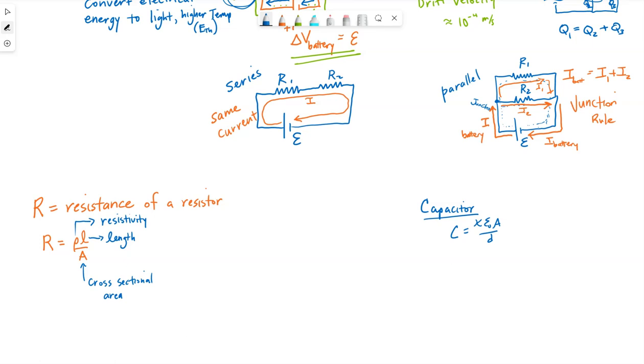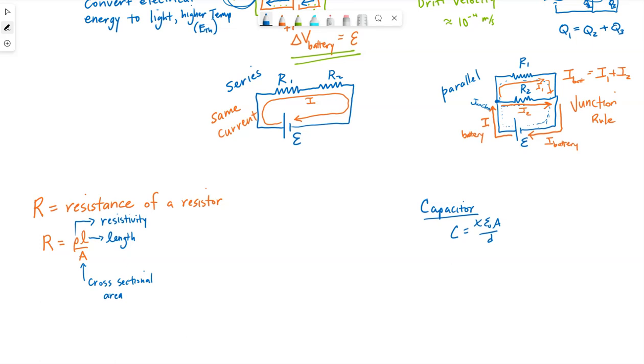So the actual capacitance was determined by how the capacitor was made. That's similar for a resistor. Resistance is determined by how the resistor is made. What is the material? How long is it? What is its cross-sectional area?